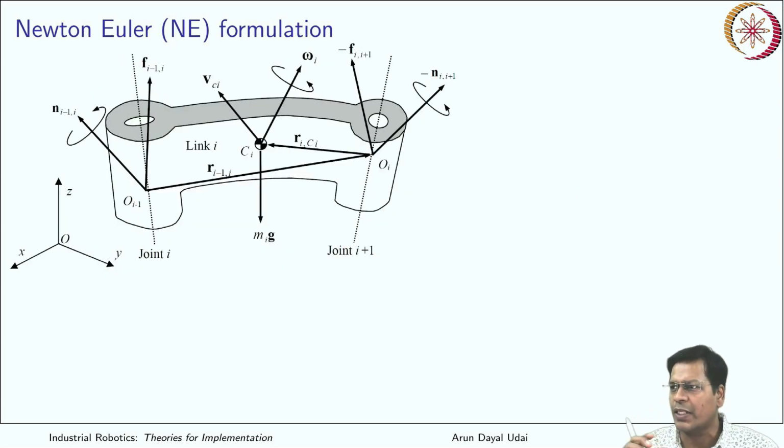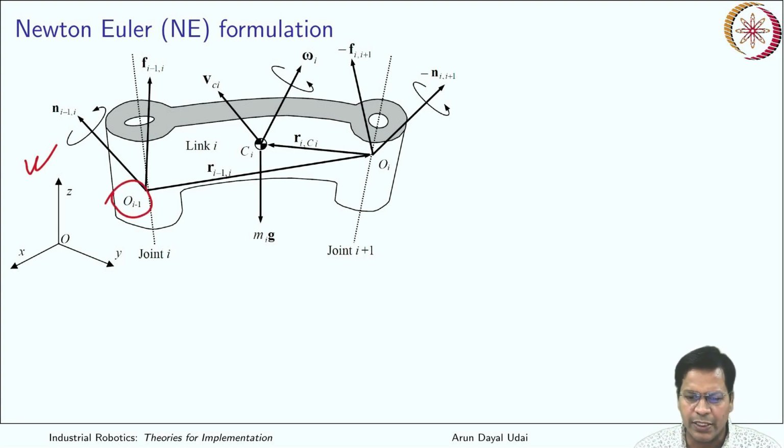Traditionally the Newton-Euler formulation was derived using something like this, a link. The link is mounted on a frame which is here, and it ends with a frame which goes here. You have seen a similar situation when you were placing frames in your DH parameters. You had a frame before the link, about which your link makes its motion, and a frame attached at the end of the link that moves along with the link.